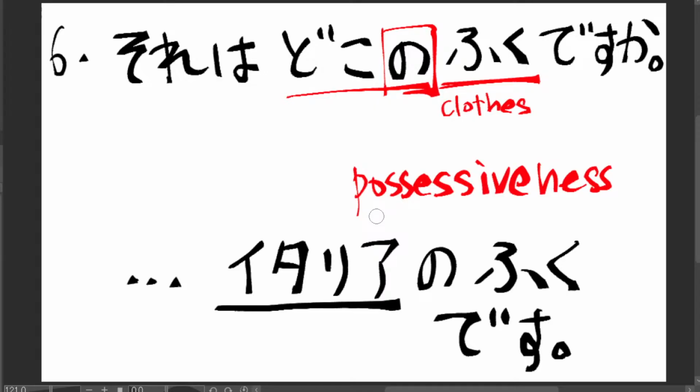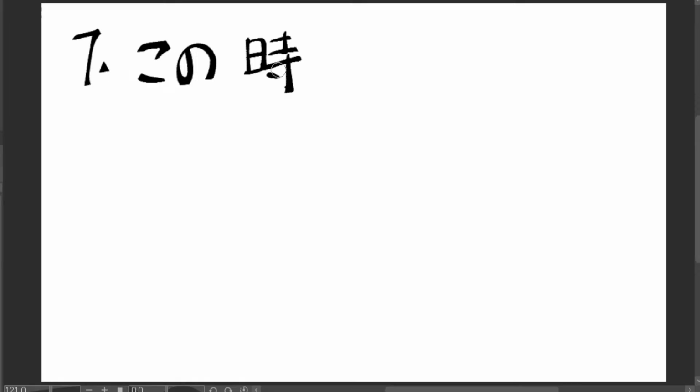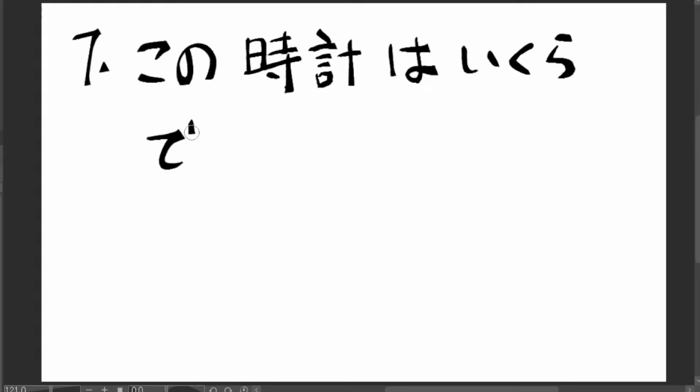Okay, and the last one for today. The last 例文 for today is number 7. この時計はいくらですか? Okay, この means this. 時計 means clock. この時計はいくらですか?